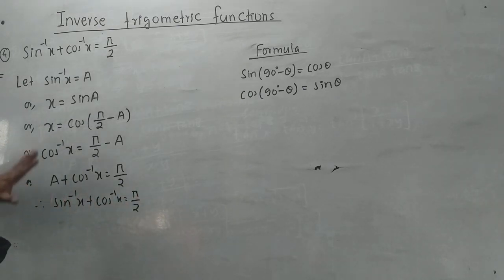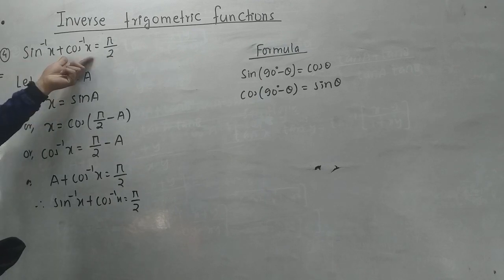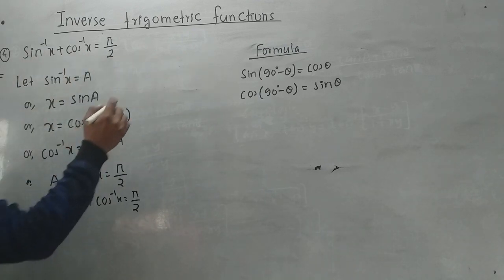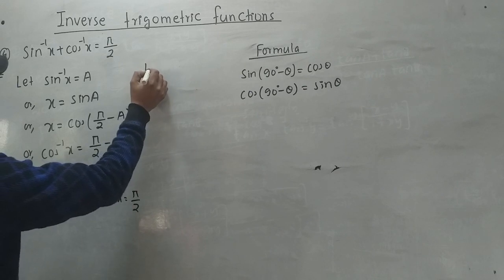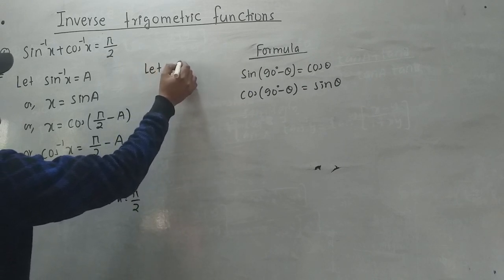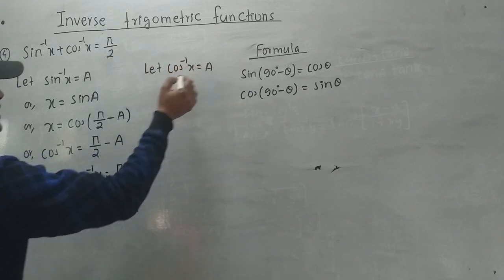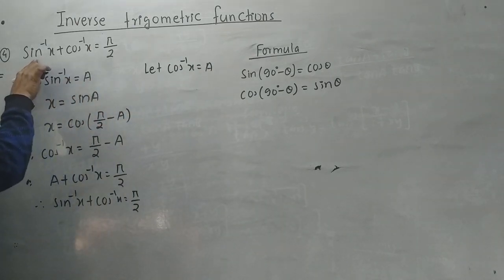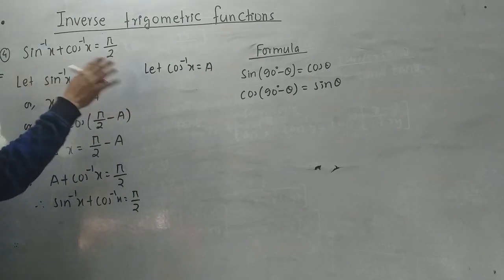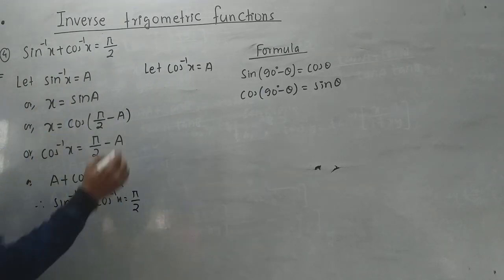It is not necessary that you have to start from sin inverse x, you can start from cos inverse x also. Let me show. Let cos inverse x equals A. You can start from cos inverse x and obtain the similar result.